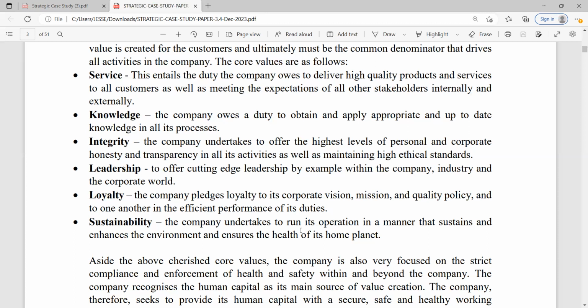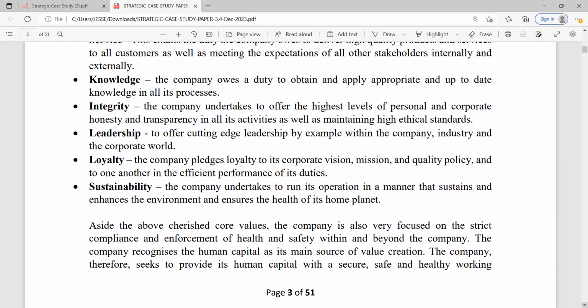You have loyalty, where the company pledges loyalty to its vision, mission, and to one another. And you have sustainability, right, which talks about the environment and the health of the planet. So please take note of these values. And if anything is contradicting any of these values, you might want to look into it or call it out.